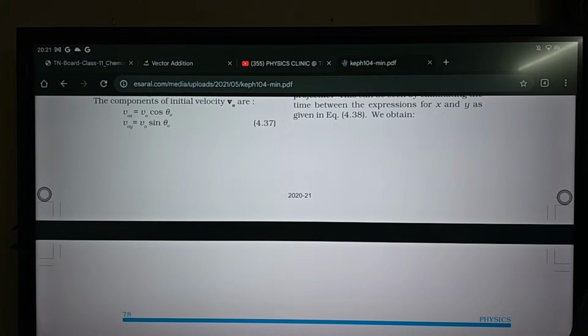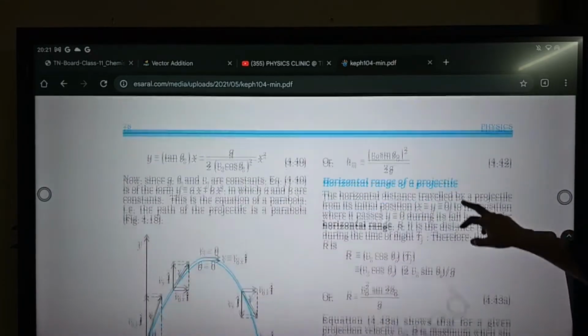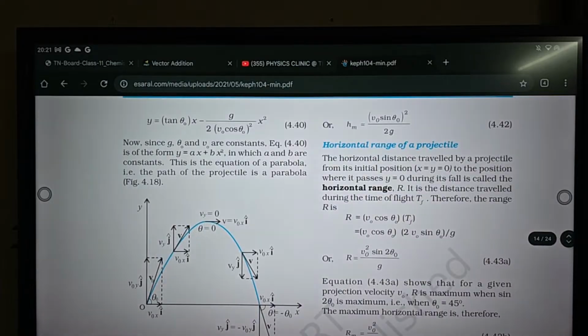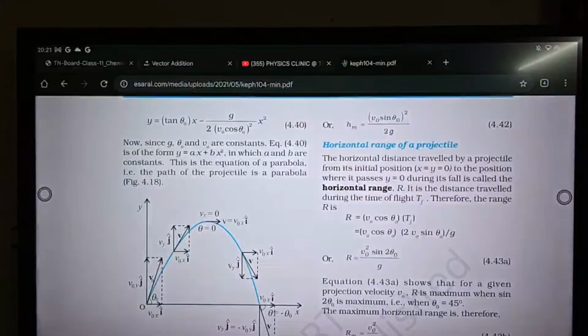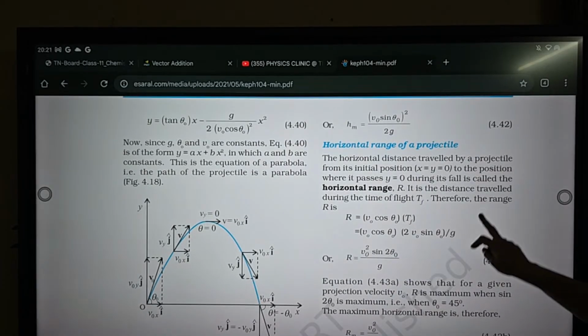So how can we write this equation? Any guess? Where does theta naught come in?